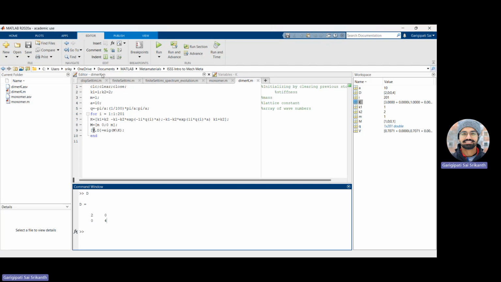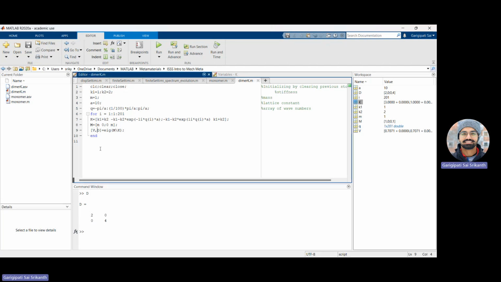That is because V and D correspond to that specific value of Q that is identified by I. The index I is specifying which Q the stiffness matrix is for, and that tells you which eigenvalues and eigenvectors are being calculated.